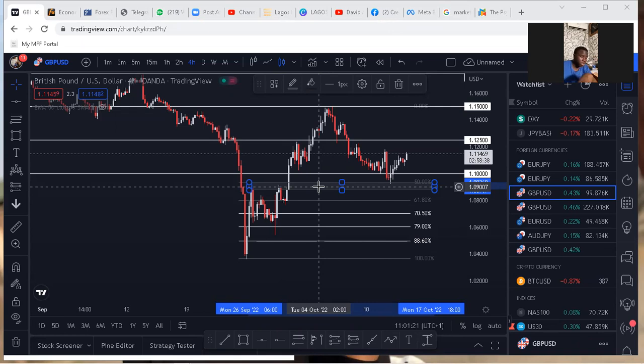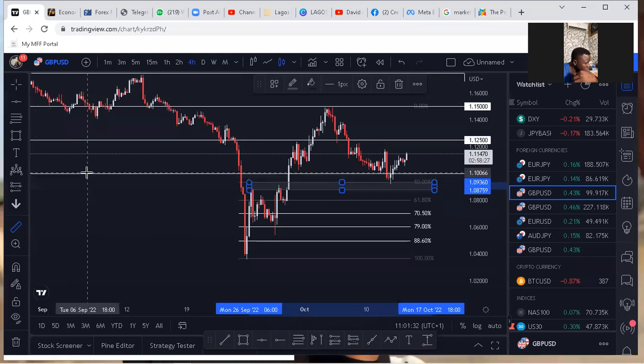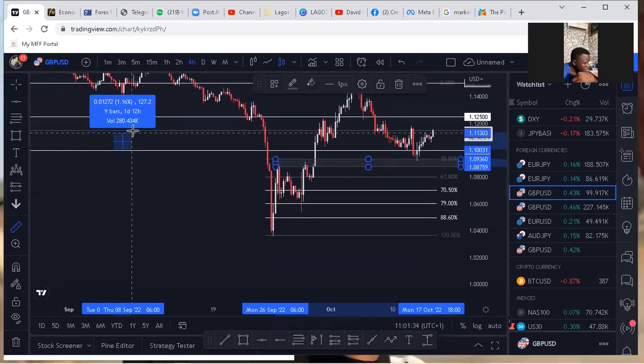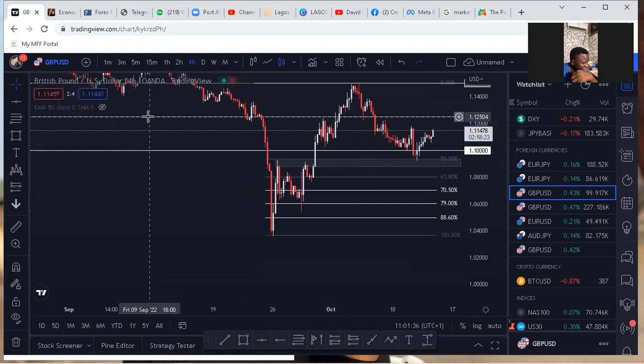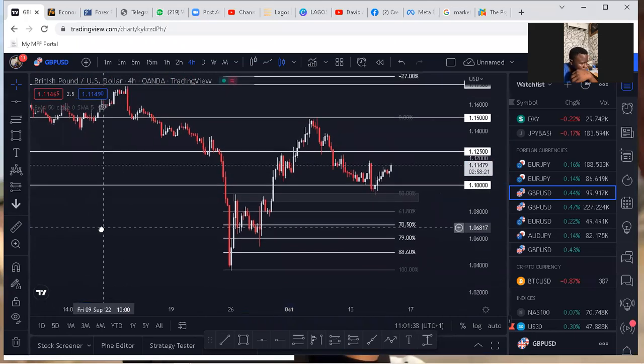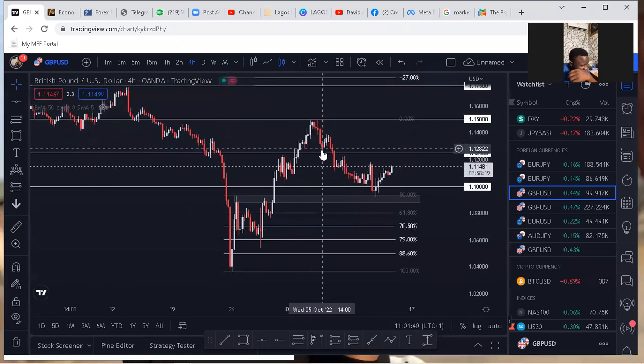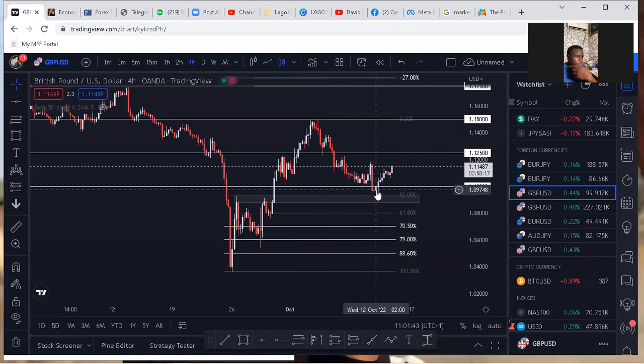That's also a psychological level. If I pick all of these things, guess what? That's a good point to enter. Wait, this is not even 50 pips. I just remembered that this is 250 pips. Wow, this is a clean 250 pips. You had caught 250 pips here, 500 pips here.